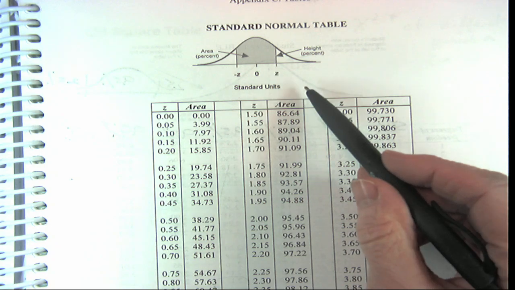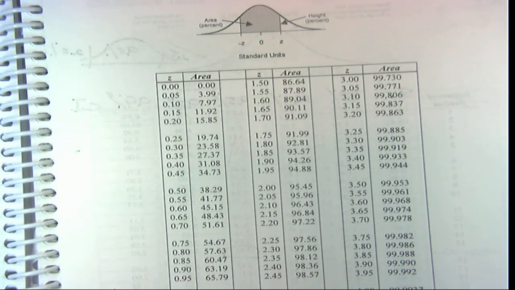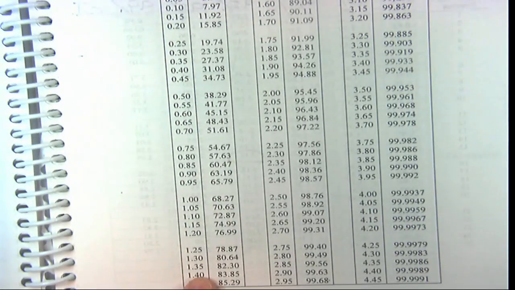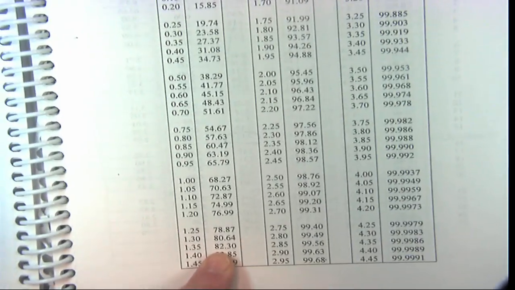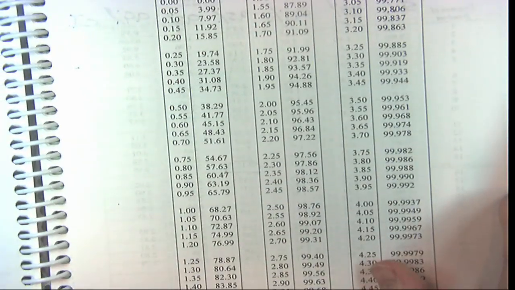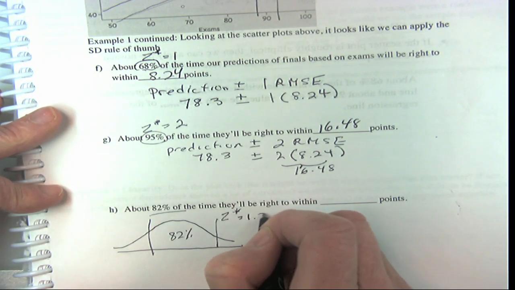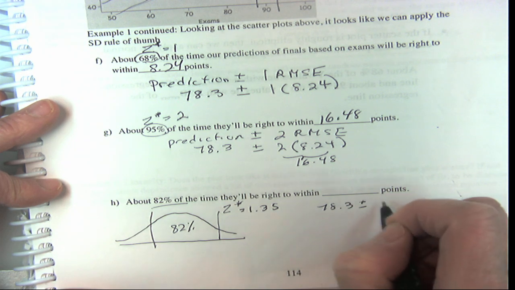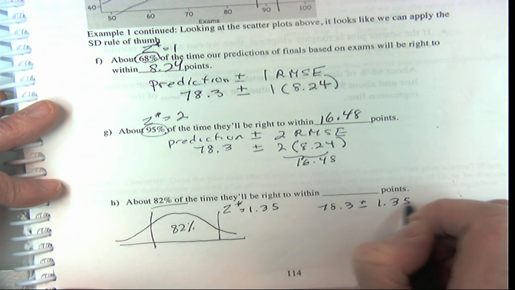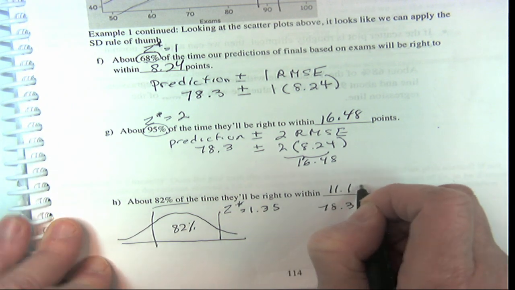So this 82 is about right here. So 1.35 I'll use. So then I just say 78.3 plus or minus 1.35 times 8.24. And I got this.